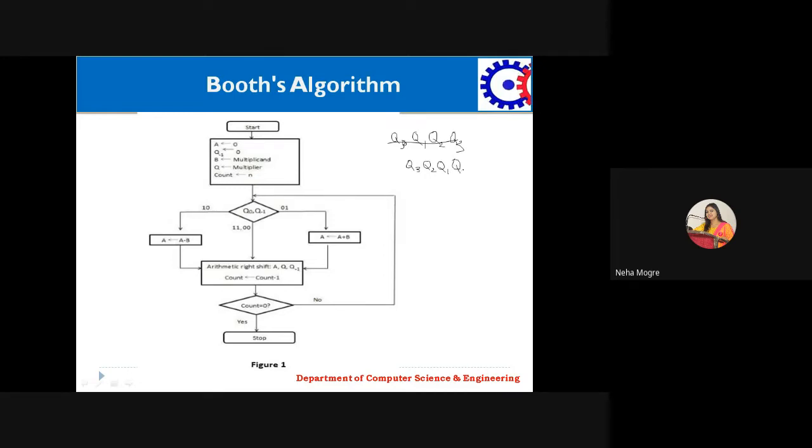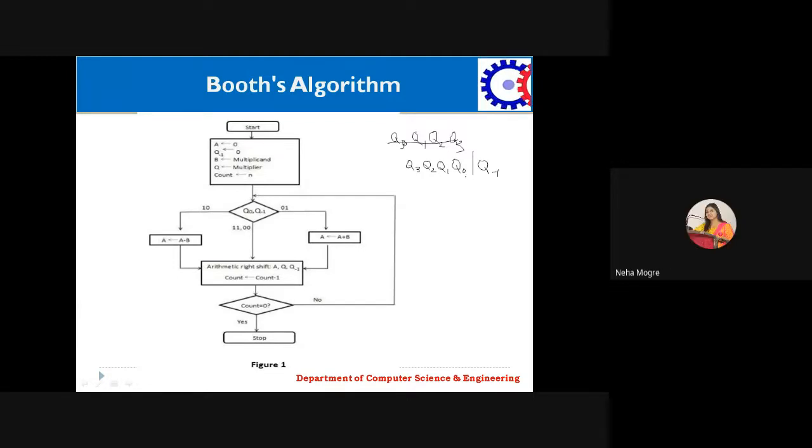Any number if you write in the 4 bit form is represented, for example, in this manner. Now after this Q0 you will have Q minus 1, right? Yes or no? Q minus 1.